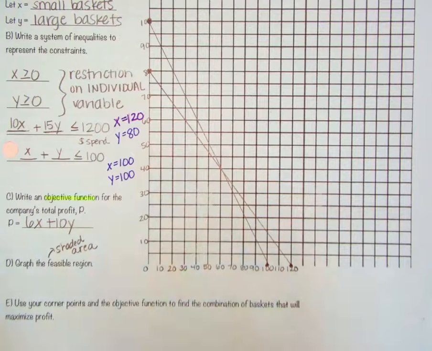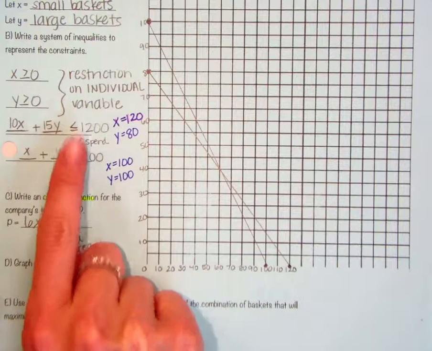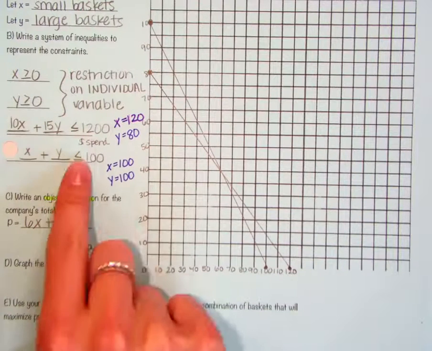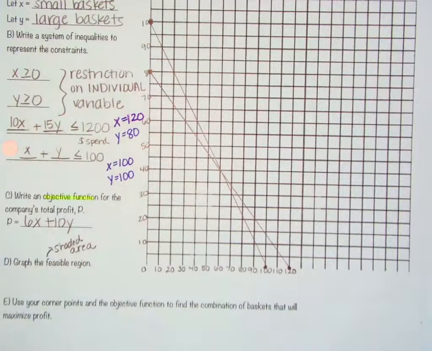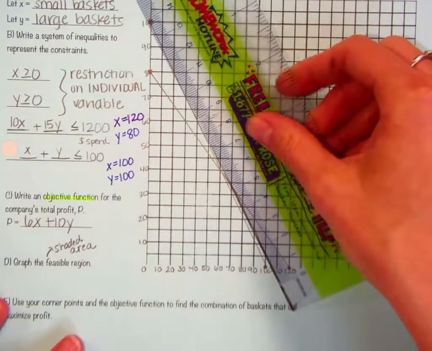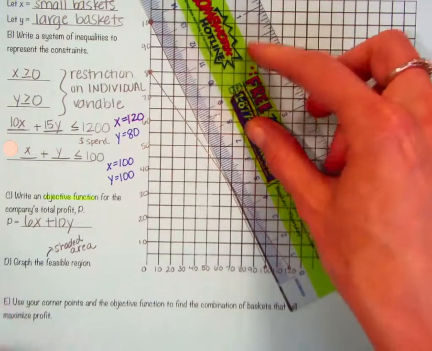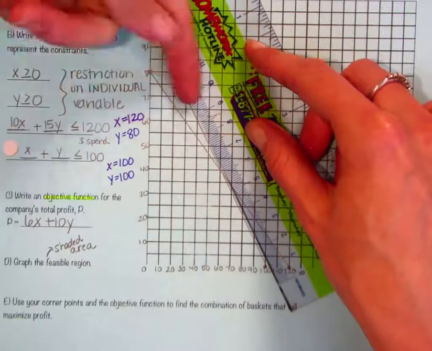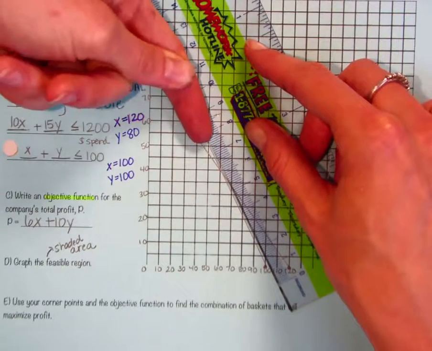So when I find my feasible region, that's going to be the area that makes both of these true. I'm less than both of these lines, so I would shade down here for this one, and then down here for that one.